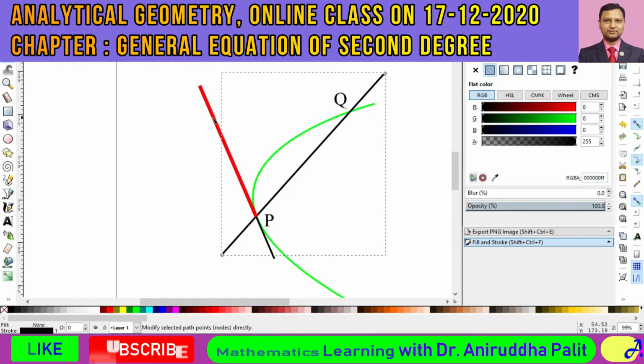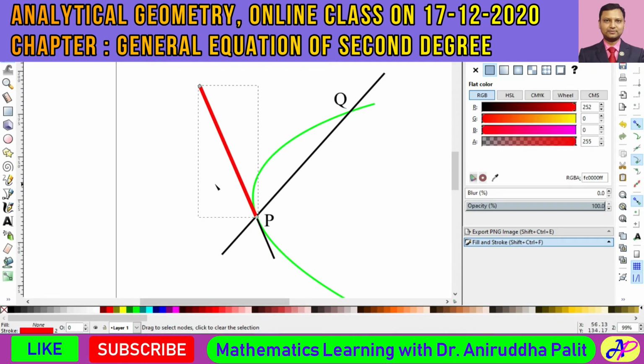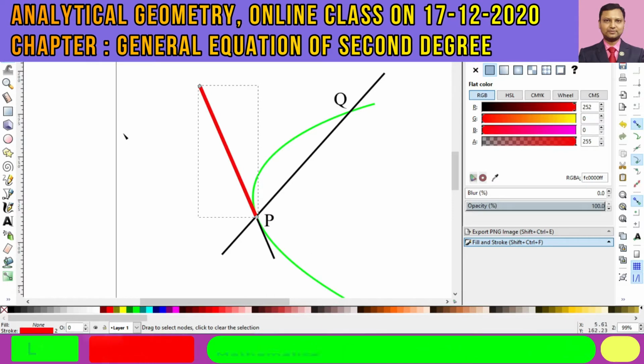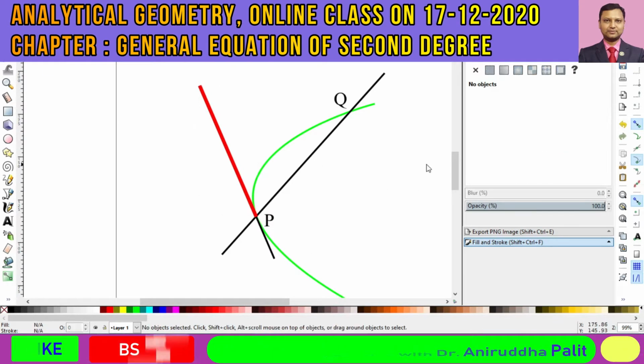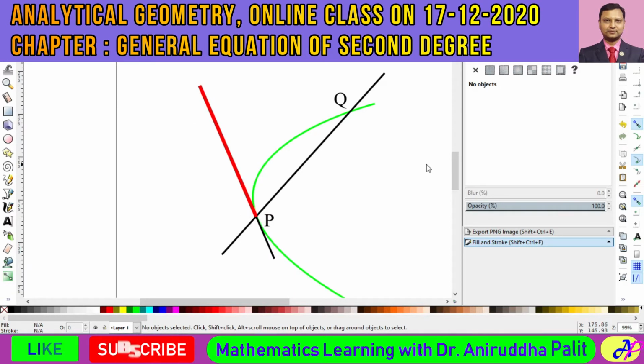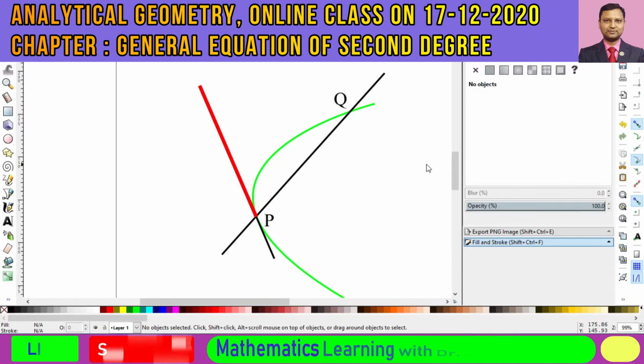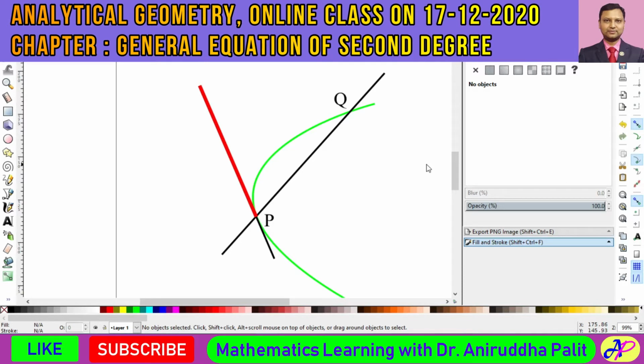Then this limiting position, represented by this red straight line, would be the tangent to this curve, provided that the limiting position exists at all. The limiting position or the tangent does not always exist. Remember this result.